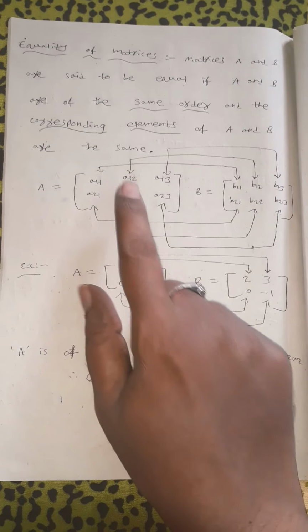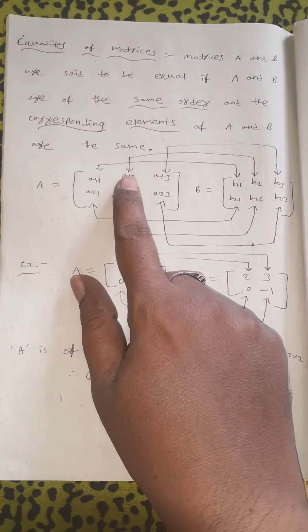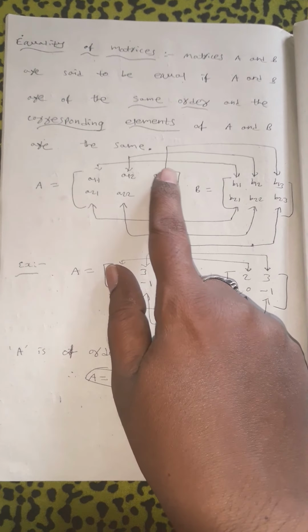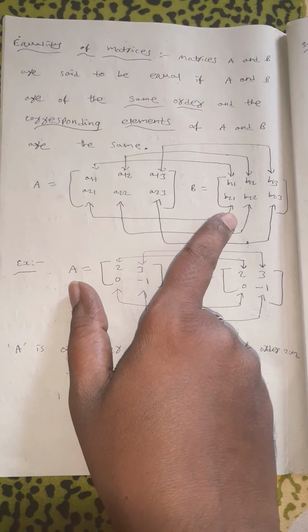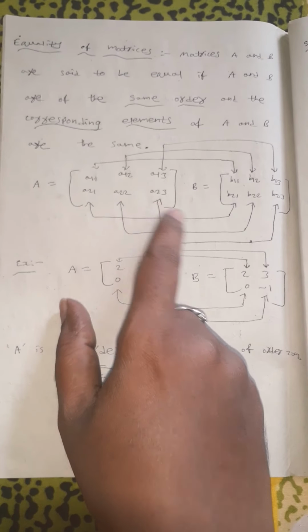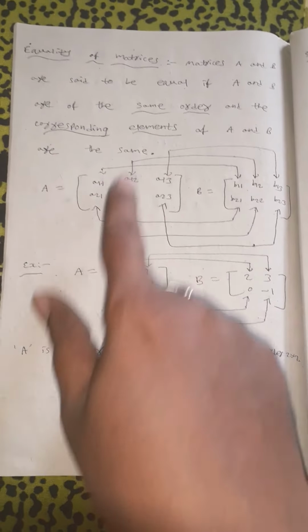Similarly, the first row, second column elements should be the same. Similarly, the third. Next, the second row, first element should also be the same. The second row, second column element and the second row, third column element should also be the same. For understanding, I have marked it like this.